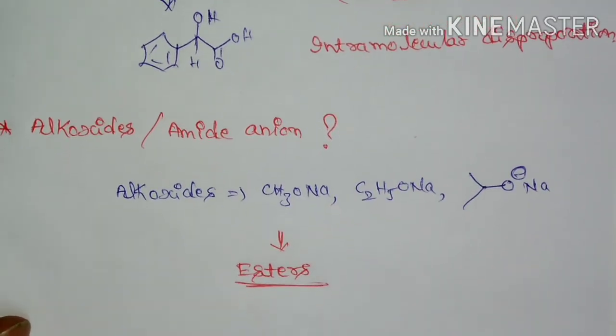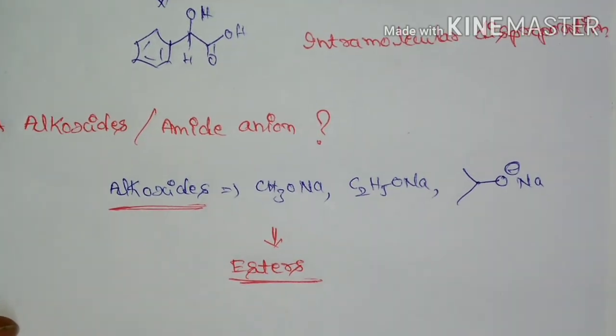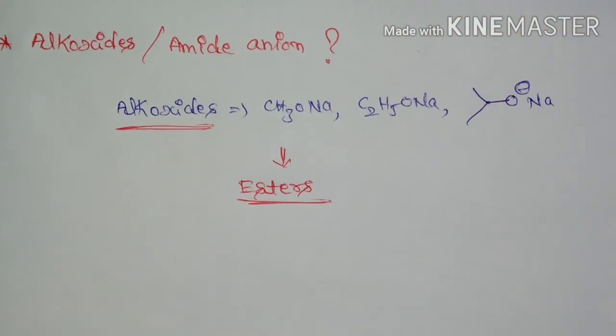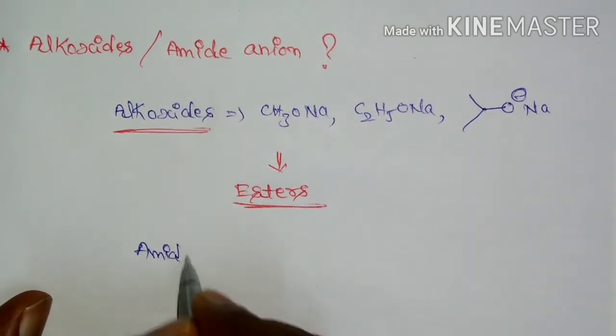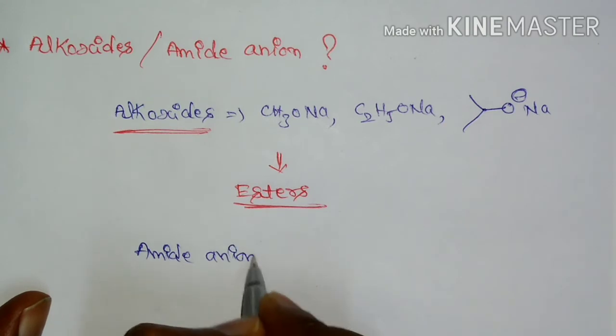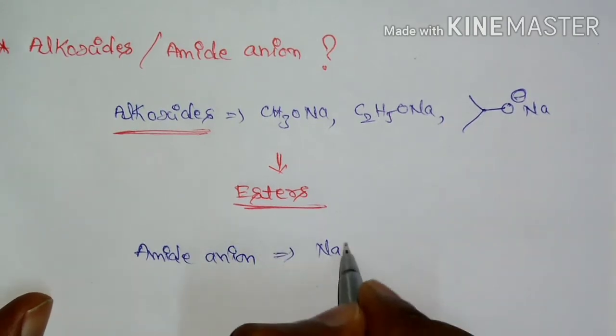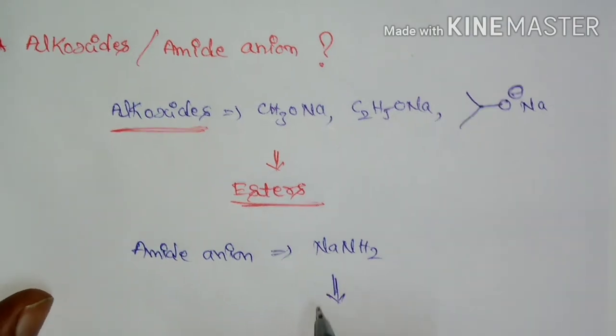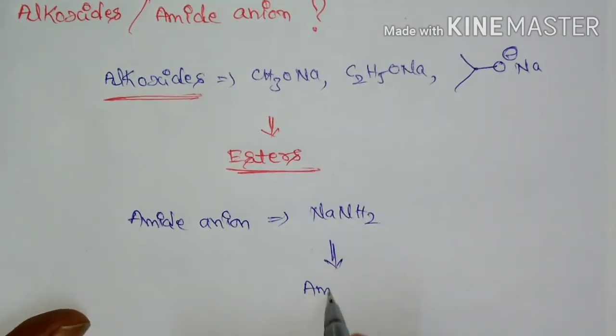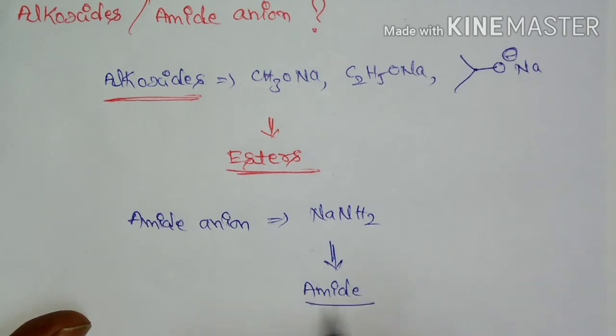If I use alkoxide instead of hydroxide, or an amide anion, for example sodamide, then the corresponding amide derivative will be formed.